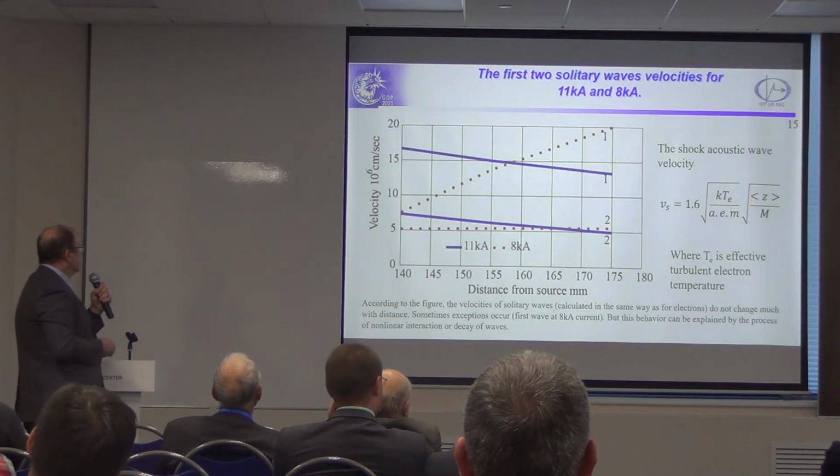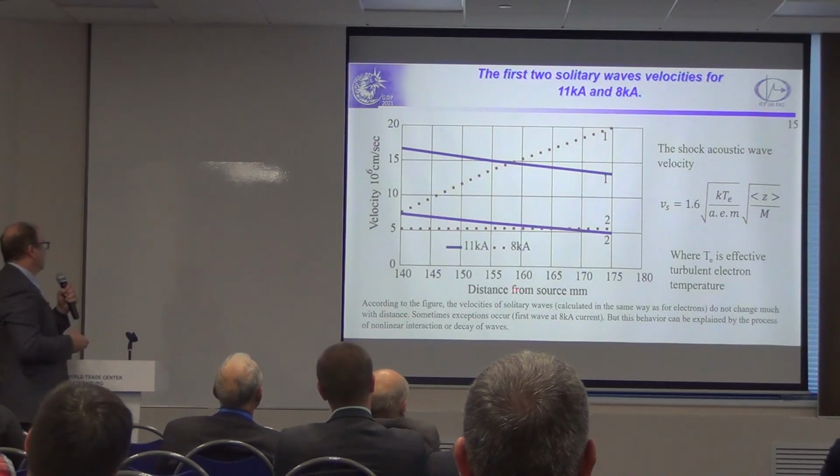According to this figure, the velocities of solitary waves, calculated in the same way as for electrons, do not change much with distance. Sometimes an exception occurs, but this behavior can be explained by the process of nonlinear interaction or decay of the waves.